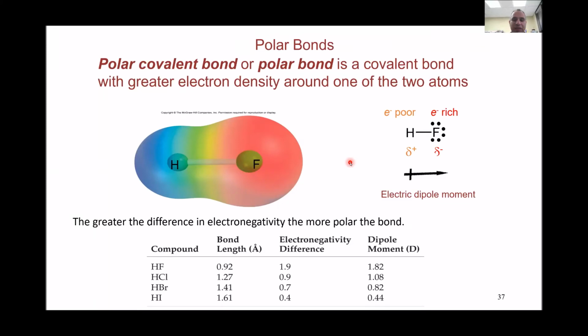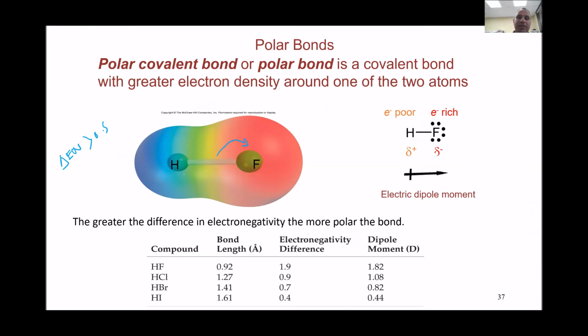Depending on the difference in electronegativity, the sharing of electrons in a covalent bond is not going to be equal. The shared electrons will be shifted a little bit towards the more electronegative atom, leaving the less electronegative atom with less amount of electron cloud.